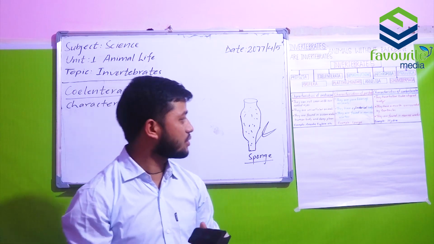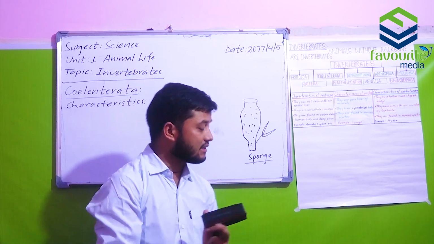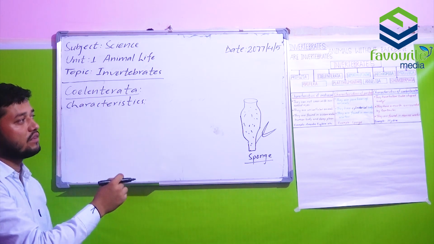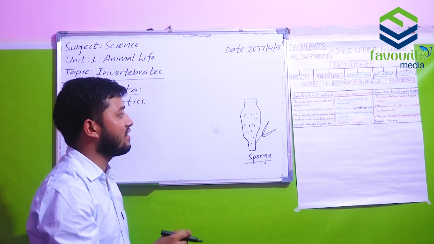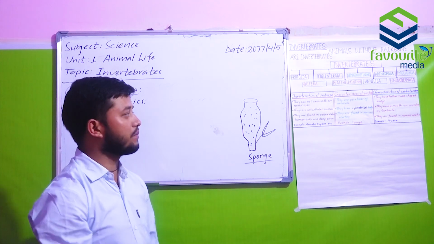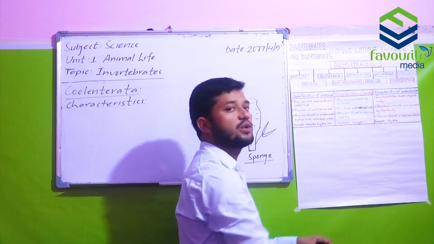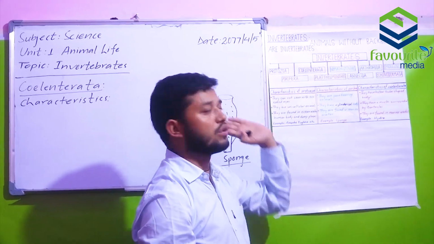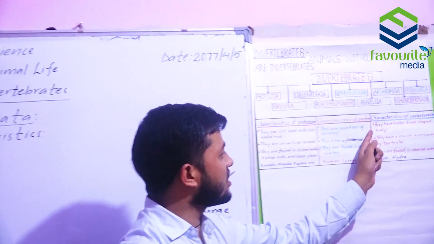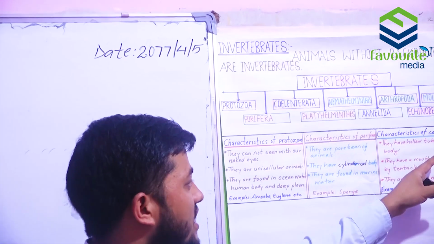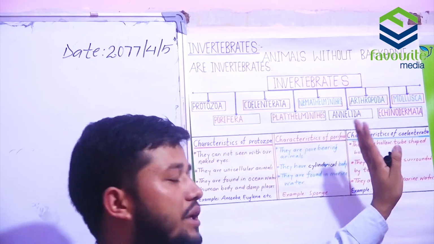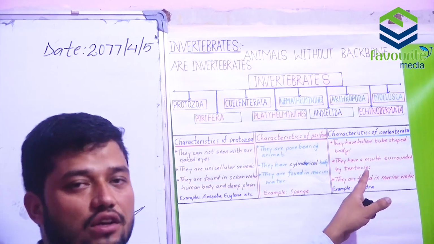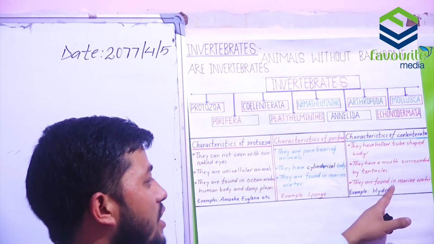The group of animals in the Coelenterata have a hollow tube shaped body. I have mentioned the characteristics on the chart. You can copy from here or from the board also. They have a hollow tube shaped body. Second, they have a mouth surrounded by tentacles. Third, they are found in marine water.